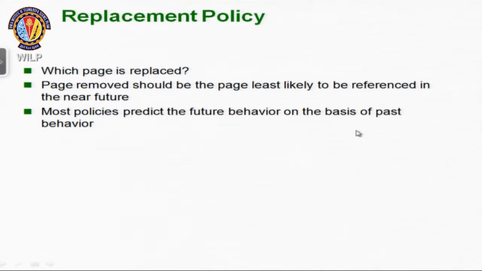If we say that we need to select a page which is least likely to be used in the future, that would mean we would need some kind of mechanism to predict the future references. If we can precisely predict the future references, then we can design this kind of policy, but we know that this is going to be a little tough.